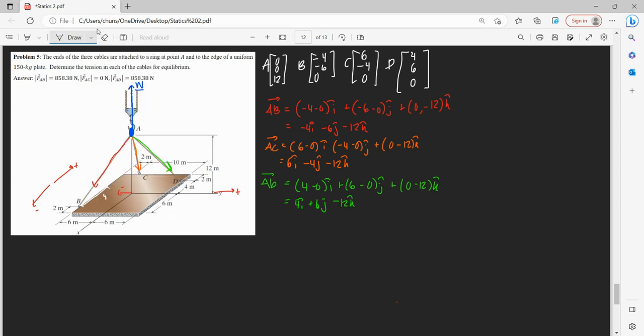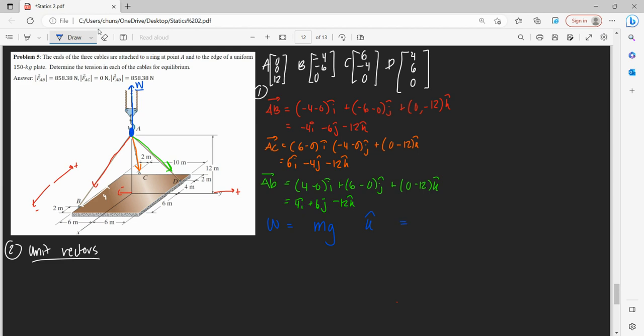So now we're going to want to find the unit vectors. Just going to move this over. Oh yeah, and lastly, we should also define our weight, which is in the positive k hat direction, because it's pointing directly upwards from the z-axis, and that is just mass times gravity.